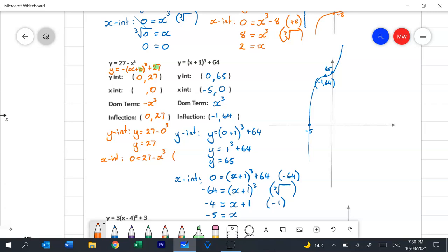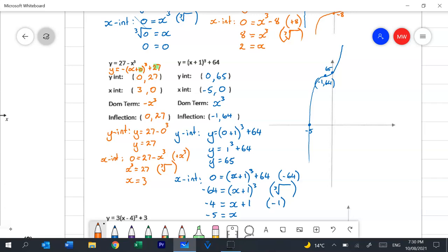This time I might add x cubed to both sides to make everything positive. So I'll have x cubed equals 27. And then I will cubic root both sides, and I'll find that x is 3. And I can pop that in. And now all I need to do is plot it.